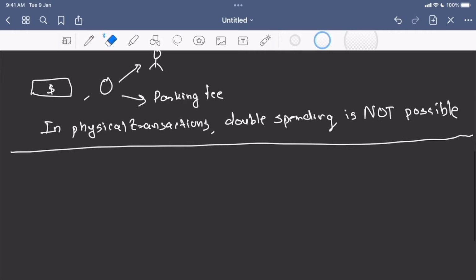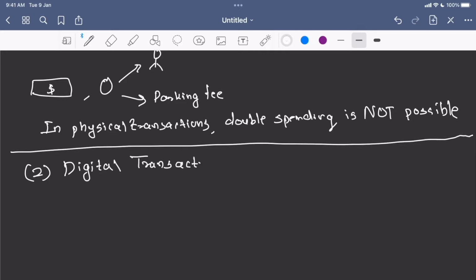Now let's look at the digital transactions. In digital transactions, we are talking about two types of transactions. One is the online banking transaction.